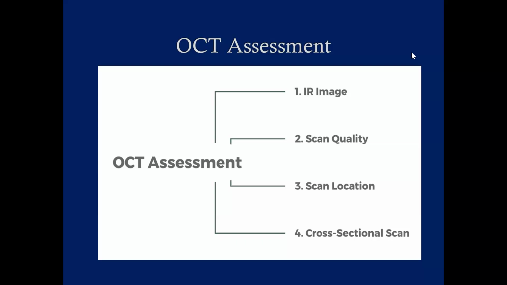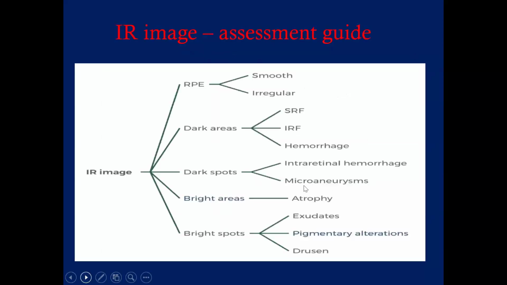When we say infrared image in assessing the retina, there are different types of findings. If we see dark spots, it can be intraretinal hemorrhage or microaneurysms. Brighter areas are areas of atrophy. The bright spots can be exudate, pigment alteration, or drusen.